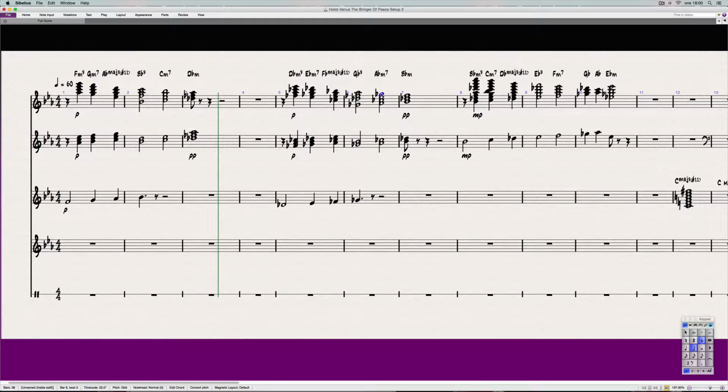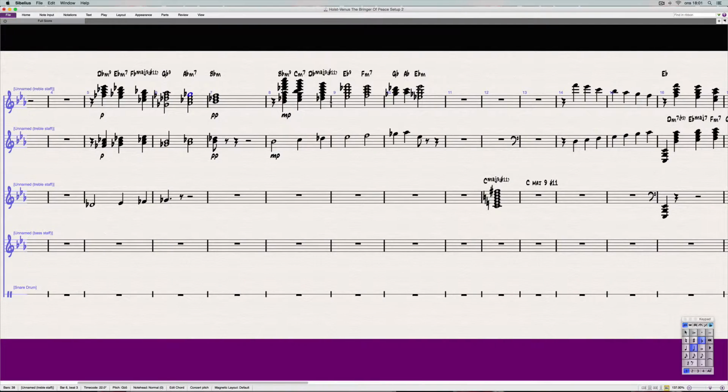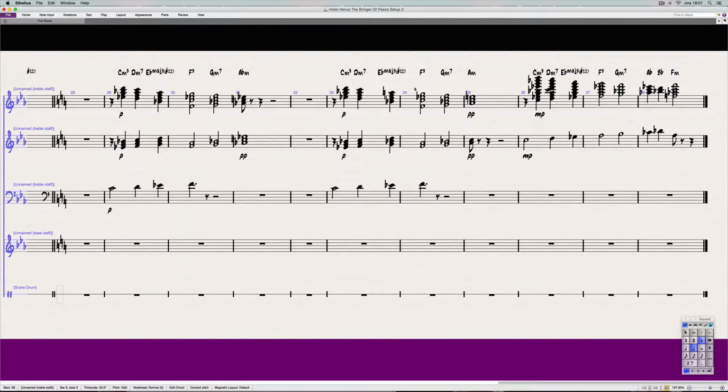It's probably easier to view it. I put everything in C here, so it's easier to see the difference. So here's the first one. Now we're in C Dorian instead. We've got the ninth, root, the natural sixth, which is the Dorian note, and the fourth.